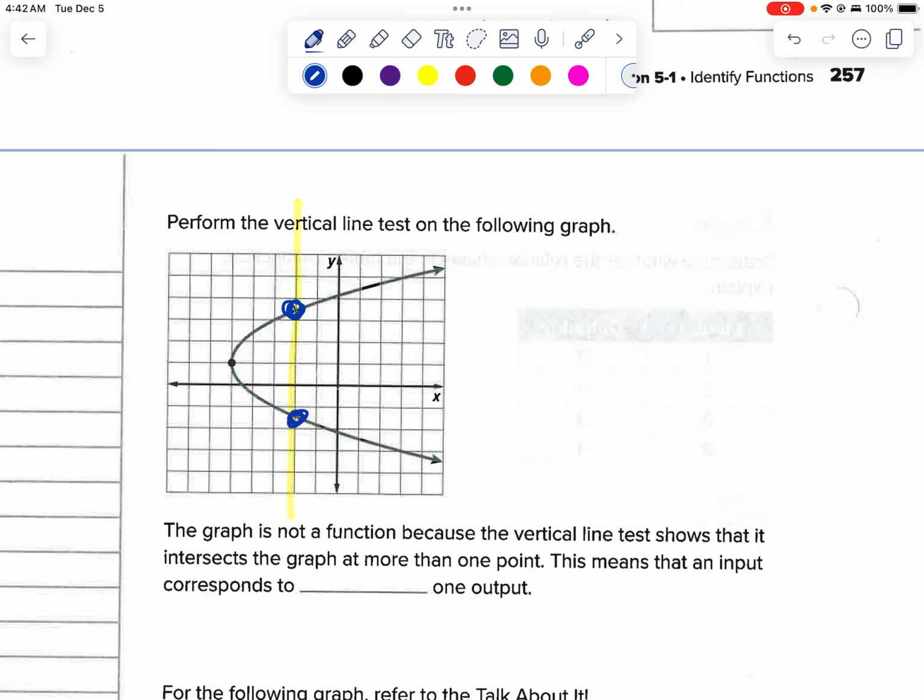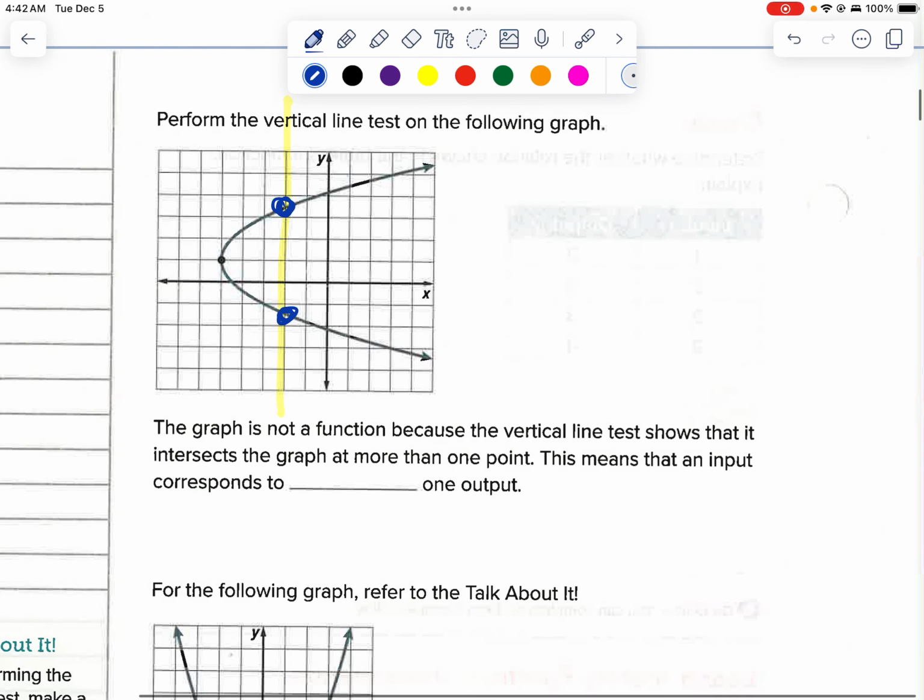So that is not a function because the vertical line test shows that it intersects the graph in more than 1 point. This means that the input corresponds to more than one output.